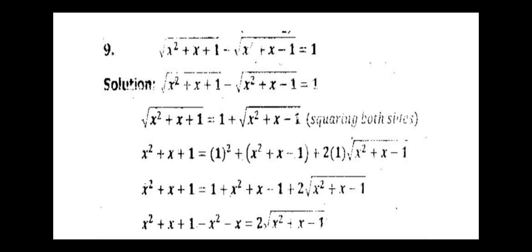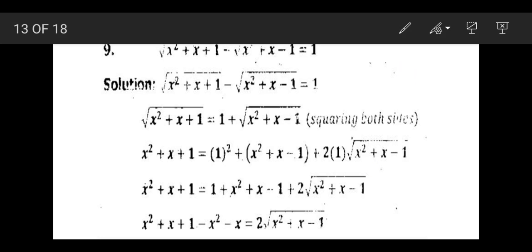However you solve it, it will be solved in the same way, like x square plus x minus 1, I brought it on the other side. Now taking square on both sides, we will get one more square root, one more value, and then taking another square, we will get the simple values.